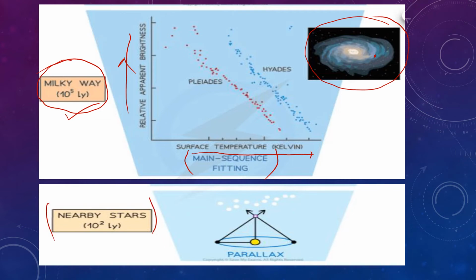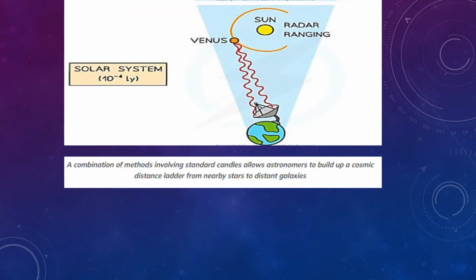And for the nearby stars, nearby stars mean within the galaxy, we use the parallax method. And then for within our solar system, like 10 to the power -4 light years, we can use radar sensing method or radar ranging method.